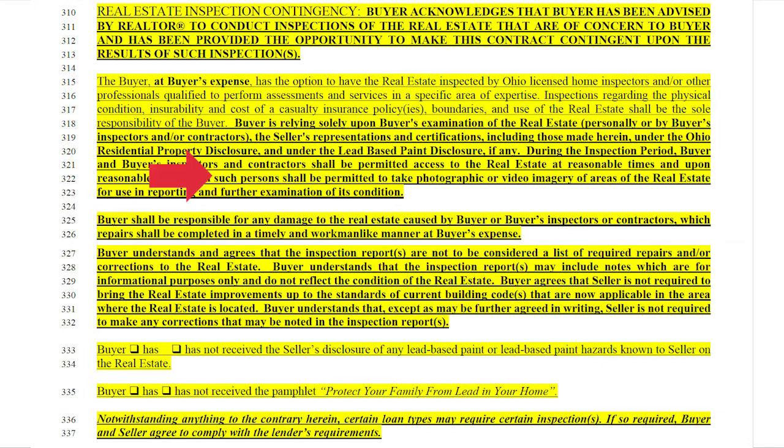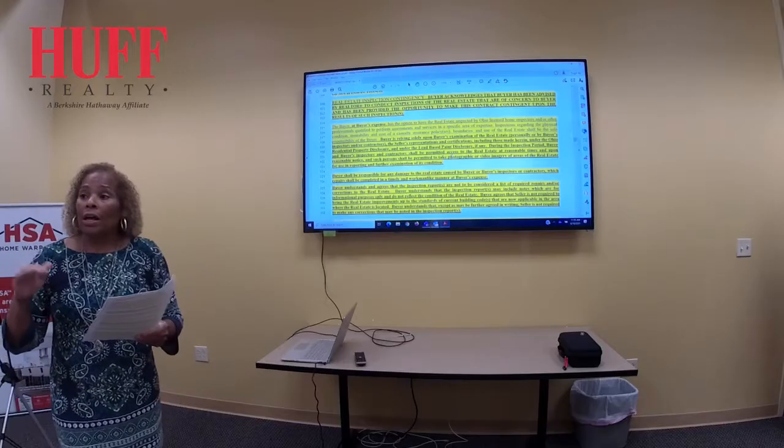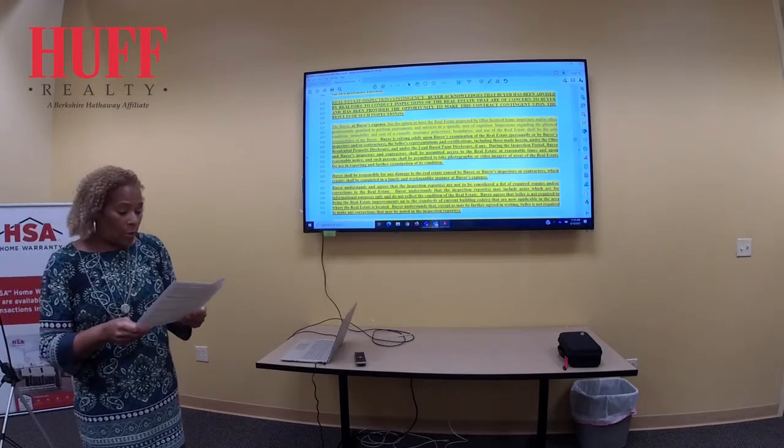While they're there, they are allowed, per the contract, to take any photographs or video that they may need. So the contract is saying they have the right to go in and do that.